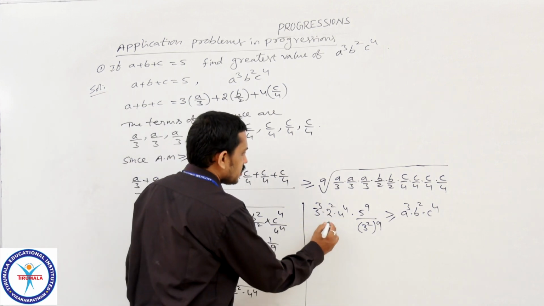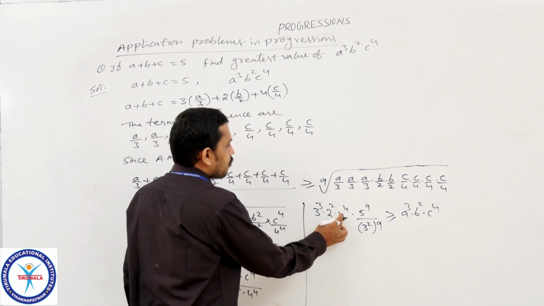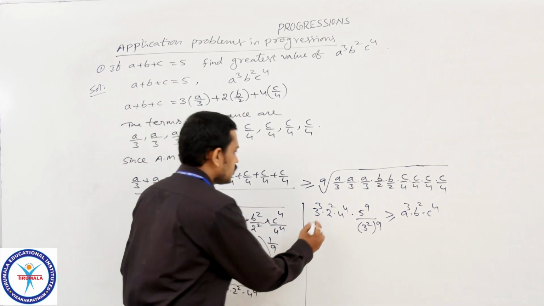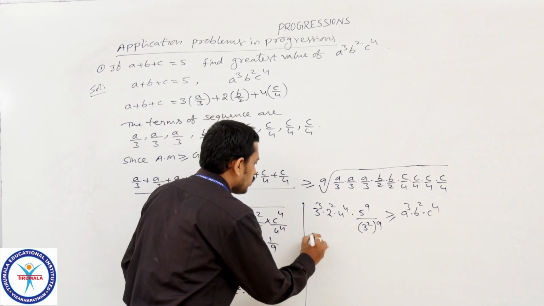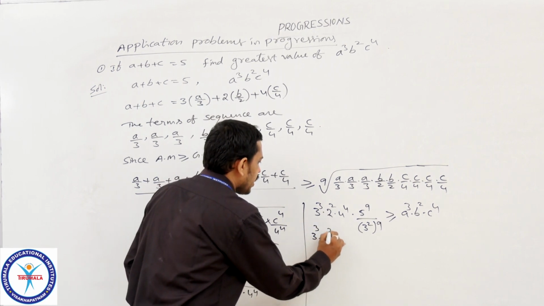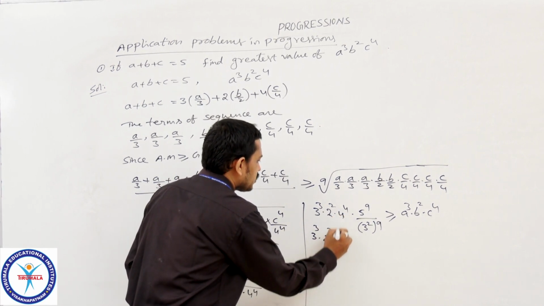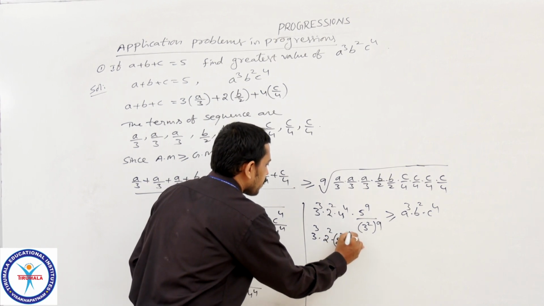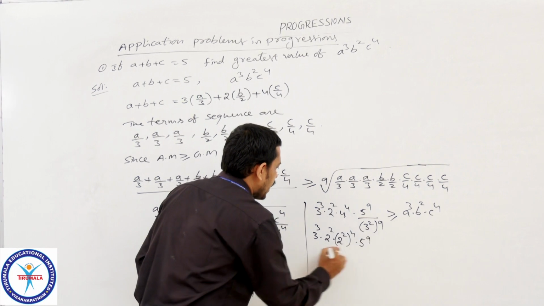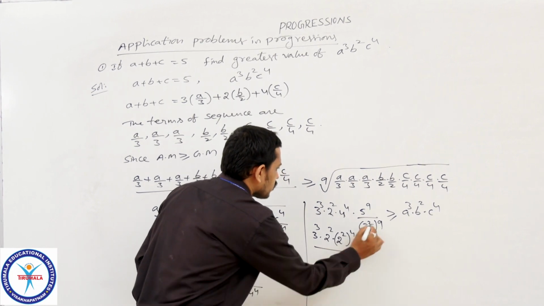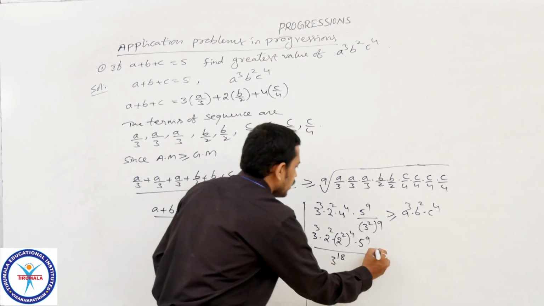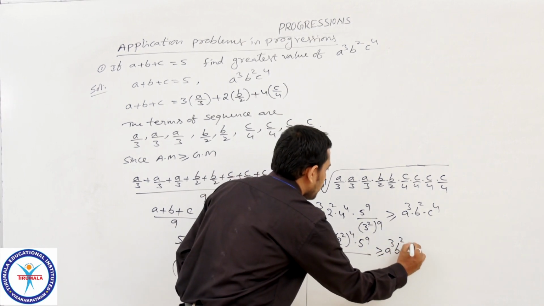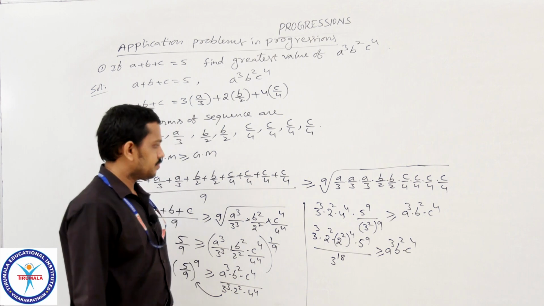So here 2 square, 4 power 4, can we write 4 is equal to 2 square? So 3 cube into 2 square into 4 power 4 can be written as 2 square into (2 square) whole power 4 into 5 power 9 by 3 power 18, greater than or equal to a cube into b square into c power 4.